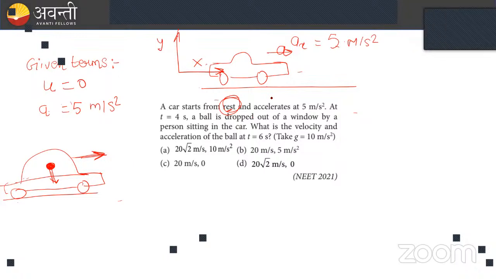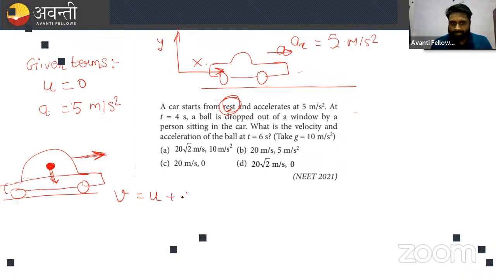No, sir. Okay. So what is the velocity of the car at 4 seconds? That velocity is directly transferred to the ball. So we have to calculate the velocity at t is equal to 4 seconds. Because this acceleration is constant, we can apply the equation of motion. What is the equation? v is equal to u plus at.